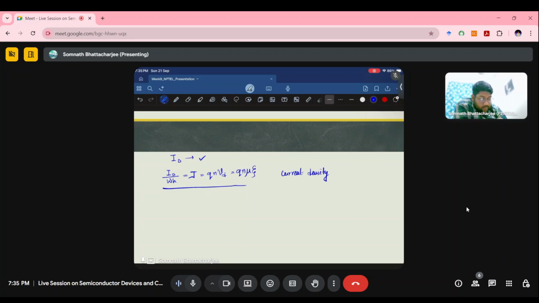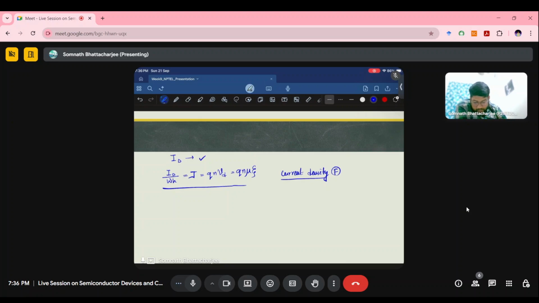This is also an important parameter to note down. So this will be parameter number F, current density. Whenever there is a voltage higher than the threshold voltage, there will be a formation of the channel, that is the channel formation voltage or VC. Based on that we get the drain current, and from that we can calculate the current density, which is another key parameter. So that is QNVD or QN mu E.